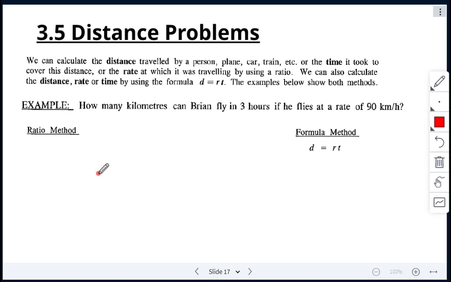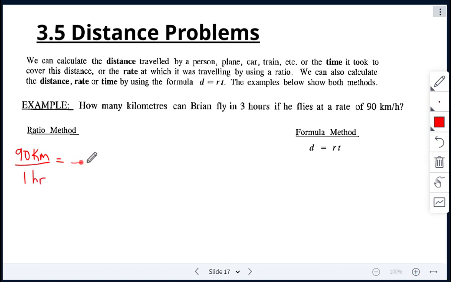How many kilometers can Brian fly in 3 hours if he flies at a rate of 90 kilometers per hour? Okay, so setting this up as a ratio, we can set it up like a couple ways, but we can set it up this way. It's 90 kilometers in 1 hour.